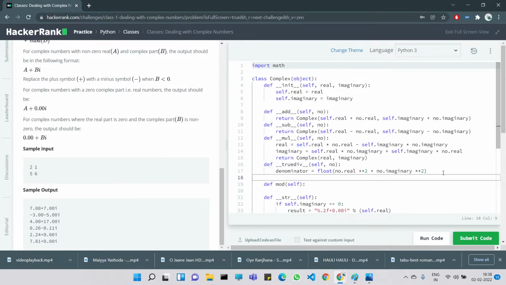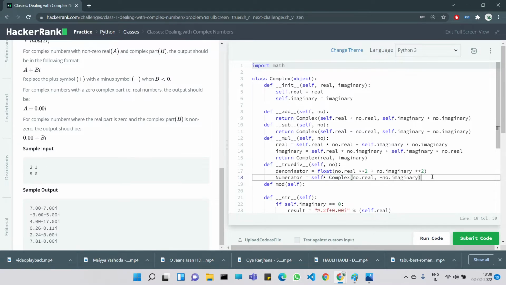For the numerator equal to self multiplied with complex of number dot real comma minus number dot imaginary.